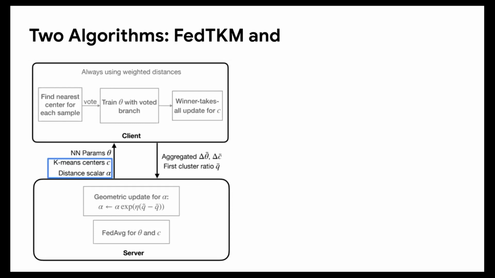Remember in k-means clustering, you assign a sample, or a client in this case, to a cluster by finding the smallest distance to that cluster center. Now, with an extra scalar, this will be used to adjust the distance so that you can adjust the size of each cluster and force it to move smoothly from one mode to another.